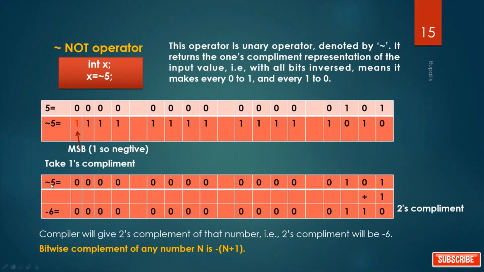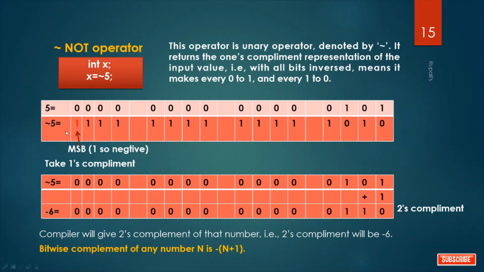In place of 0 you have to write 1, in place of 1 you have to write 0. So we get this value. Then for getting the 2's complement you have to add 1. So we get this value. So the compiler will give the 2's complement of tilde 5, which is minus 6. So the result is minus 6.